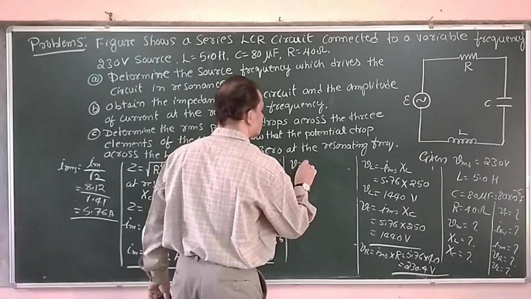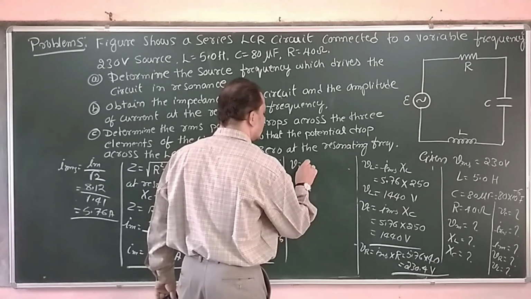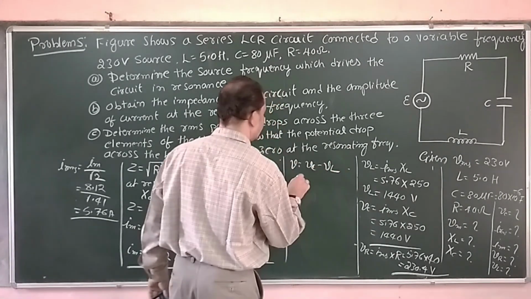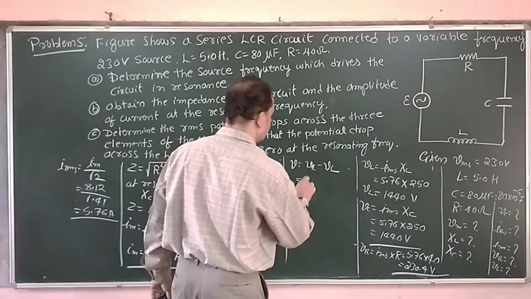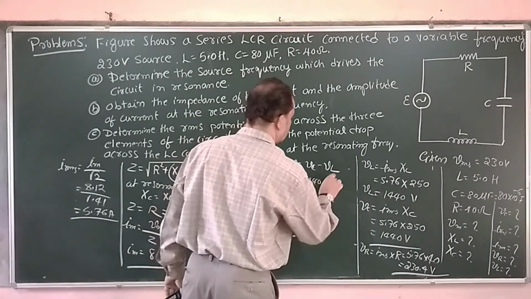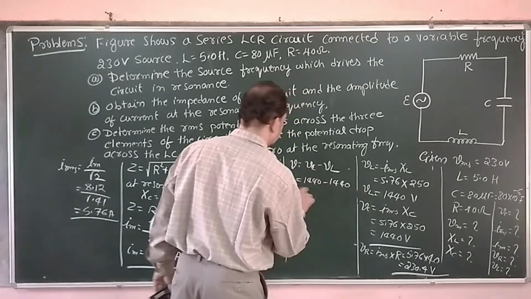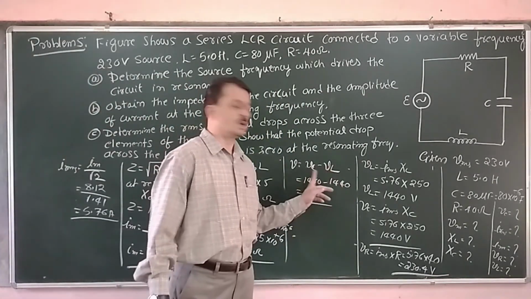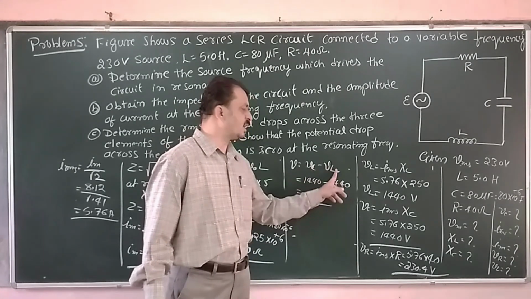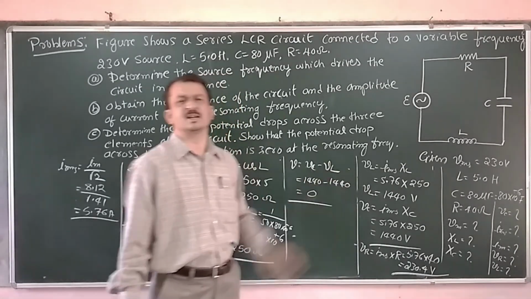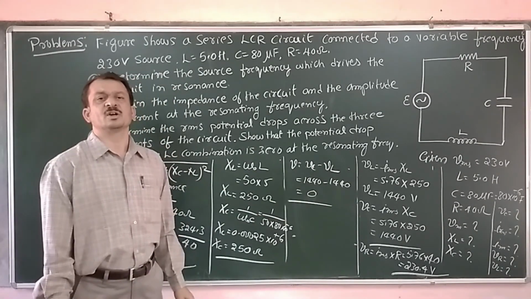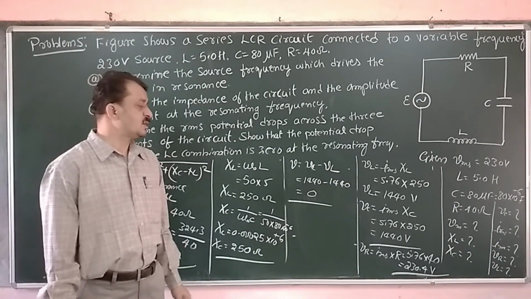Now potential drop is equal to Vc minus VL. Now Vc, 1440 minus 1440, is equal to 0, because here current is leading, here voltage is leading, therefore phase angle is 0, therefore the potential drop across the combination is 0.